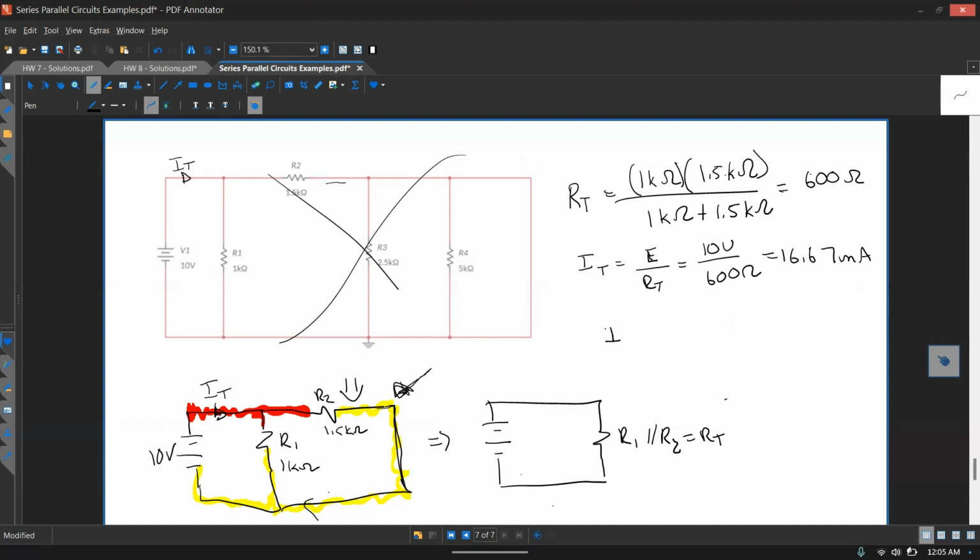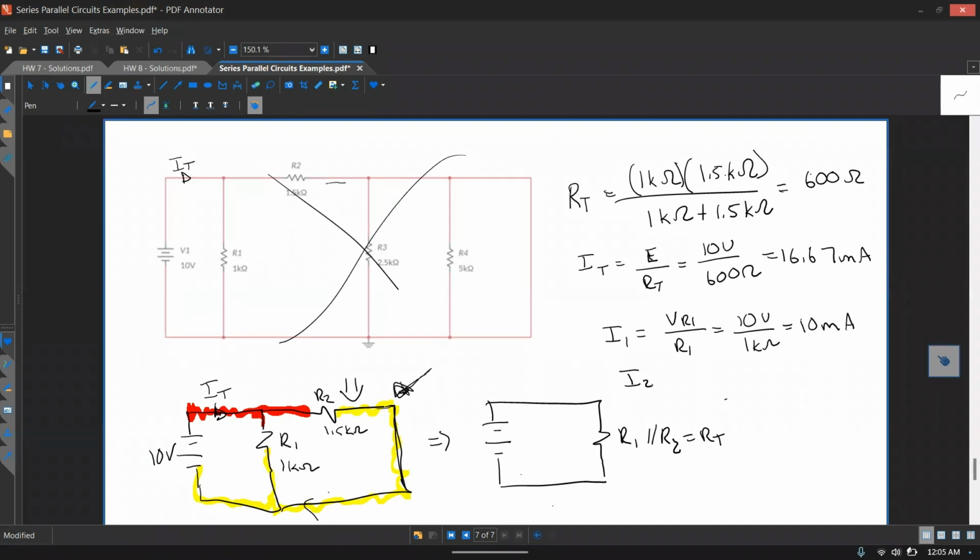So we say I1 is equal to VR1 divided by R1, which equals 10 volts divided by 1 kilo ohm, which will be 10 milliamps.